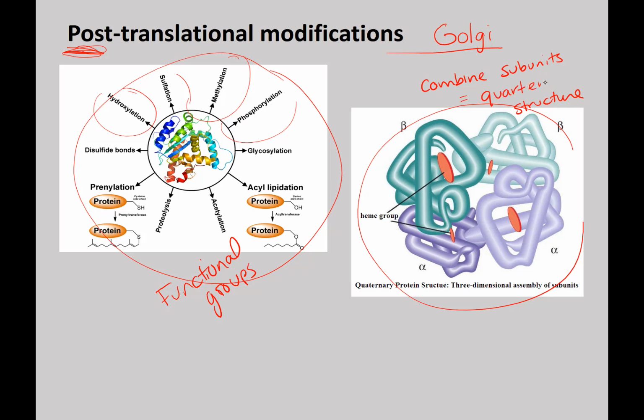I think this is right, quaternary. Anyways, you know what I'm talking about. 4th degree structure, right? See these heme groups? This is what the book is referring to as prosthetic. So these are helper groups, or helper molecules, I should say, that are important for protein function. So heme is what binds your oxygen, so that hemoglobin can bring oxygen to your cells.